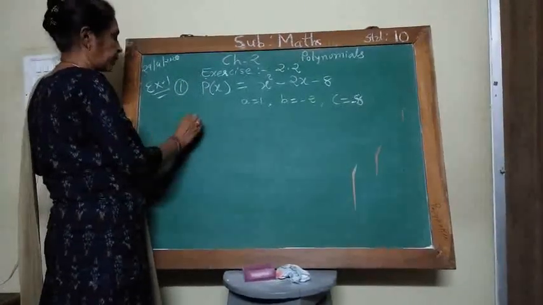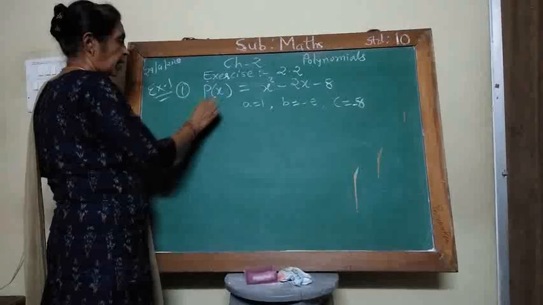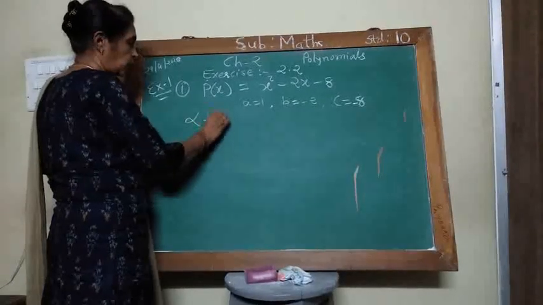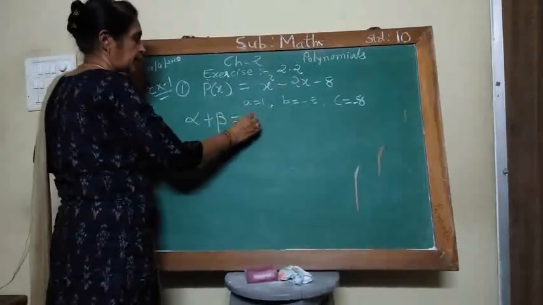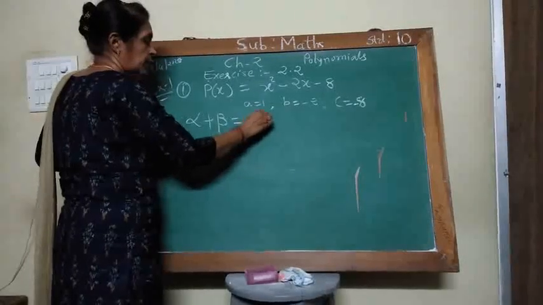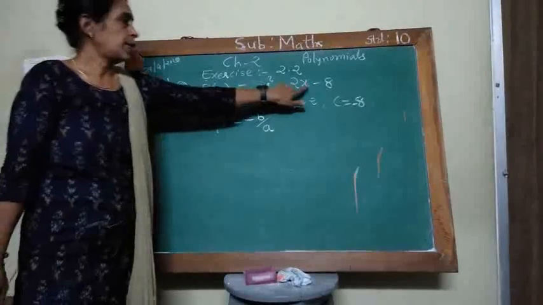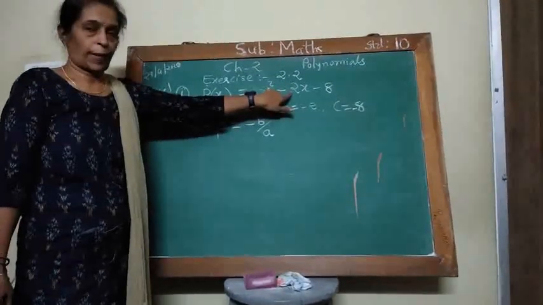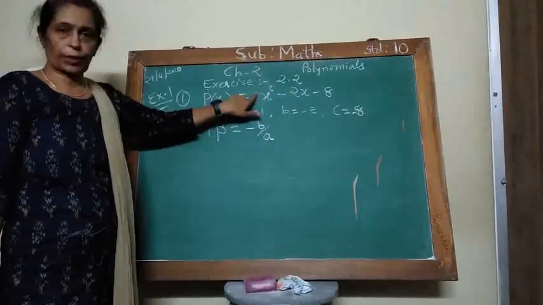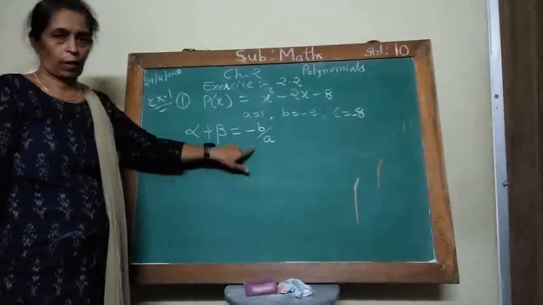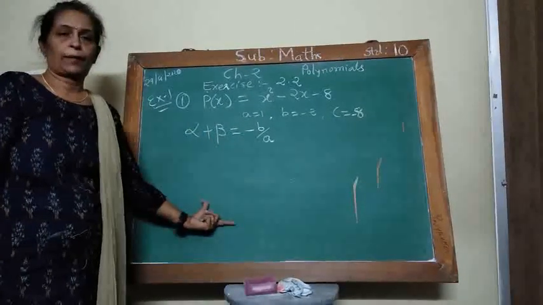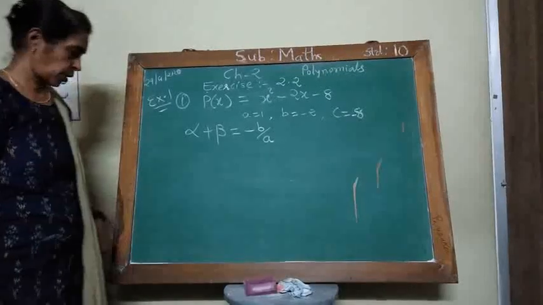So you have to remember that if alpha and beta are the zeros, then the relation with the coefficients is minus b upon a. b means the coefficient of x, a means the coefficient of x square. This is the formula, and you have to verify whether it is true or not.